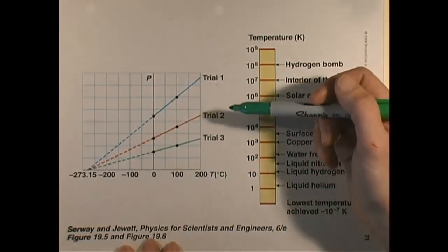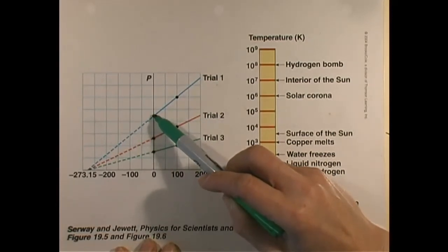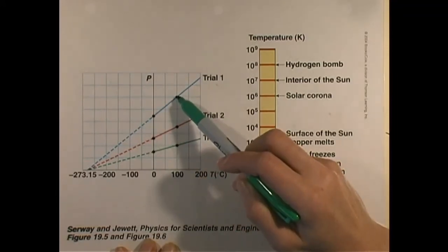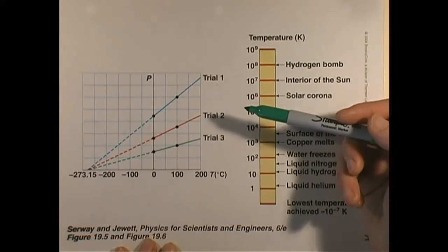Now something interesting. For the first trial, we find 2 points. At 0, the ice-water mixture point, we find the pressure. And then at 100, we find another point, the steam point, and we connect these two to get the blue one.